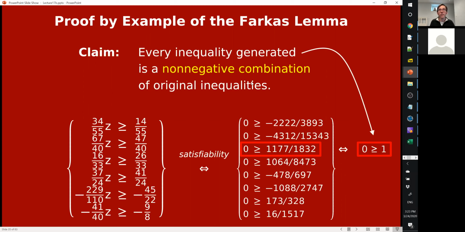And in particular, if that's true, then it means even this last one, in the unsatisfiable case, even this last one, 0 greater than or equal to 1, is a non-negative combination of the original inequalities. And that actually is going to prove the Farkas Lemma, right? That's what we're trying to show. When it's unsatisfiable, there's some way to add up the original inequalities with non-negative multipliers to get the blatant contradiction 0 is greater than or equal to 1.